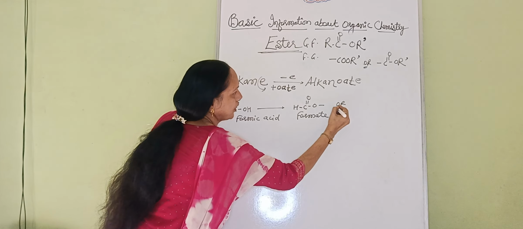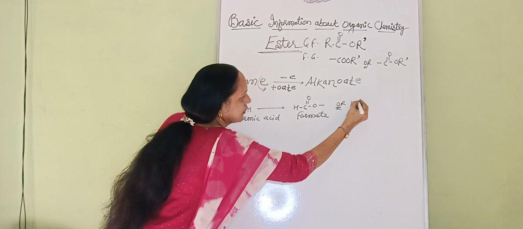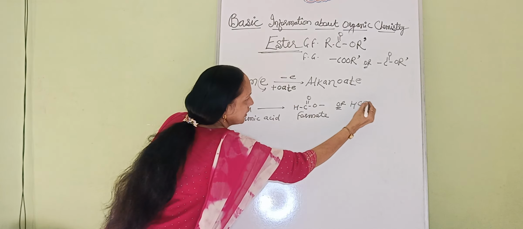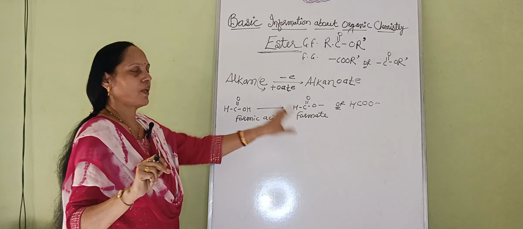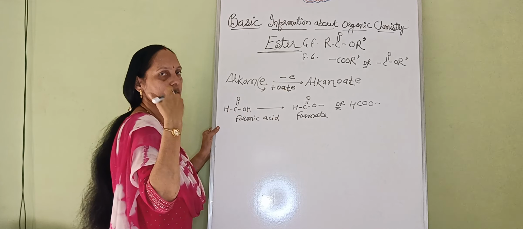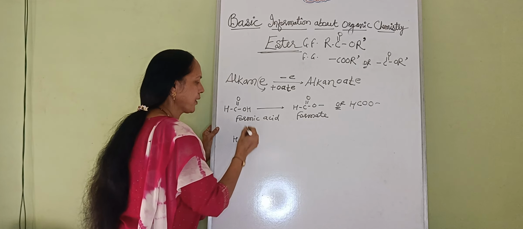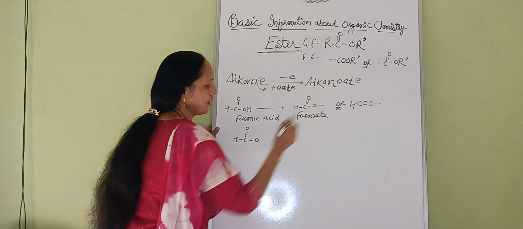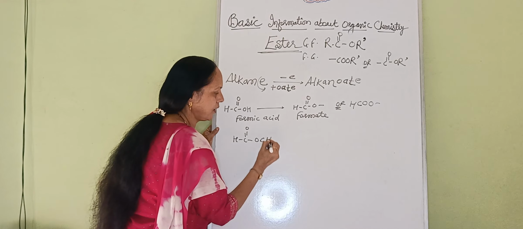If I write the condensed formula, what is the condensed formula for formate? HCOO. So this is the first family member, formate, and this free valency is satisfied by the other member, the first R group, that is, the alkyl group.